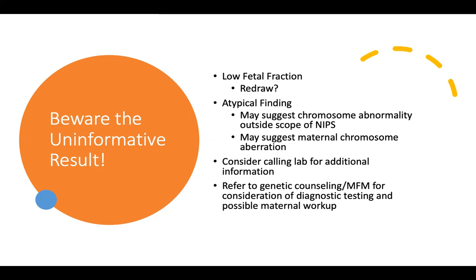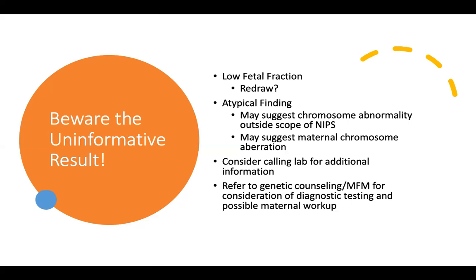So for example, if your patient has a high BMI, then a redraw likely is appropriate, and you might even consider waiting a couple of weeks to allow time for that fetal fraction to increase. In circumstances where there are 2 failed NIPSs in a high BMI patient, prenatal diagnosis should be considered.